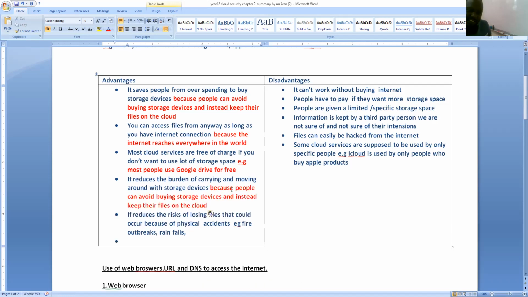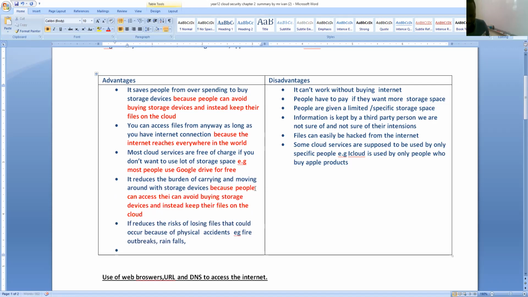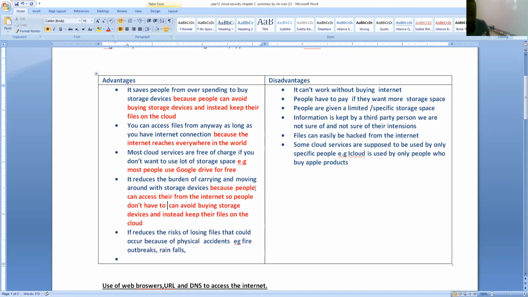So the reason here is that people can access their files from the internet, so people don't have to move around with storage devices.